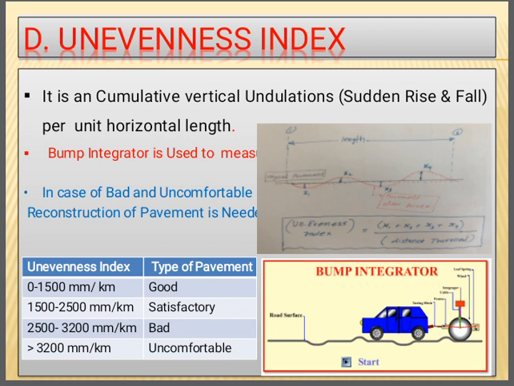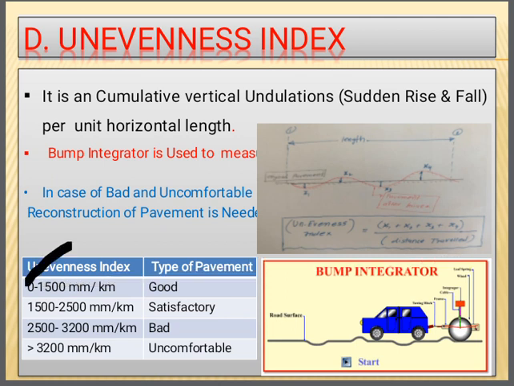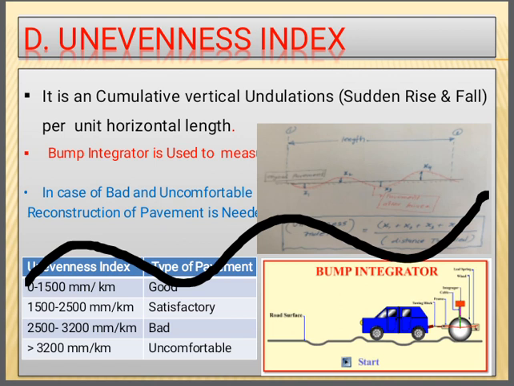Now, suppose this is the road surface, a straight road surface. If there is formation of up and down over the road surface, this is the up and down surface.